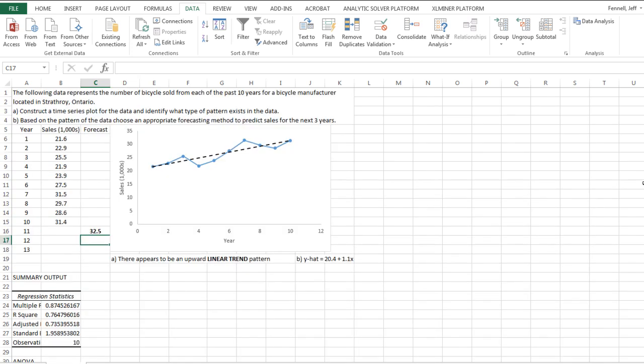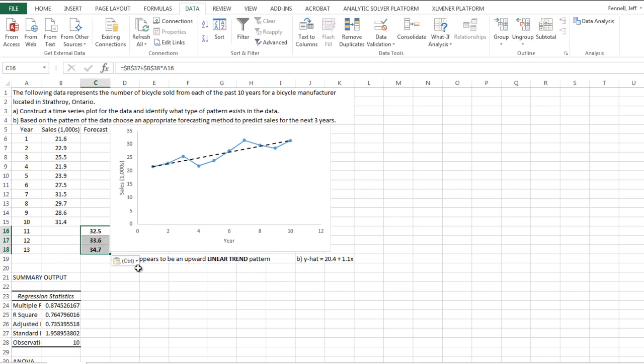So our prediction for year 11 is that we have forecasted sales of 3,250 bicycles. And because we use cell references for everything, where we use absolute references for anything from the regression output, and anything that was linked to our x values, our independent variable, in this case only the one time, was not absolute reference, we can simply copy and paste that formula down.